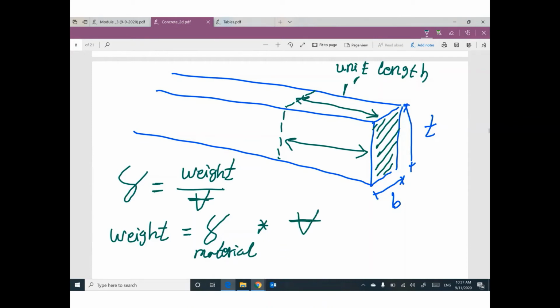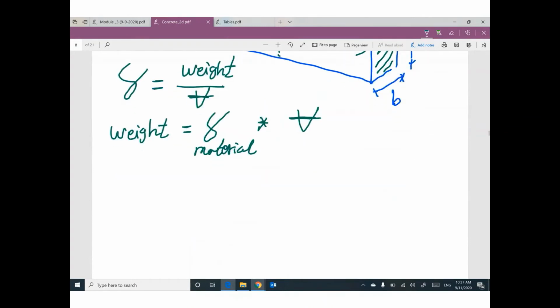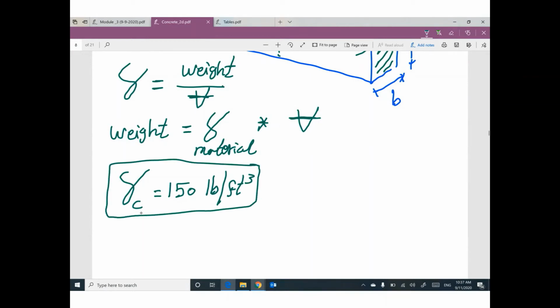Keep in your mind, gamma of concrete equals 150 pound per cubic foot. Please put this number in your mind. This is for normal weight concrete. If we have something different, the problem will let you know. For normal concrete, gamma equals 150.